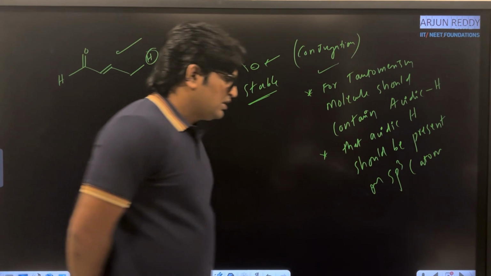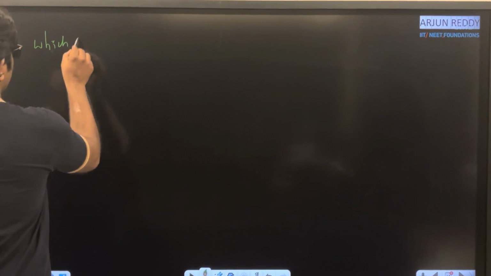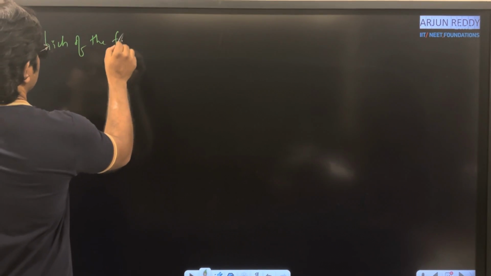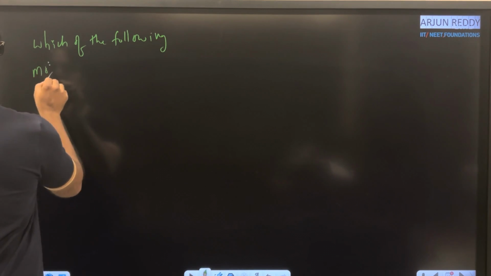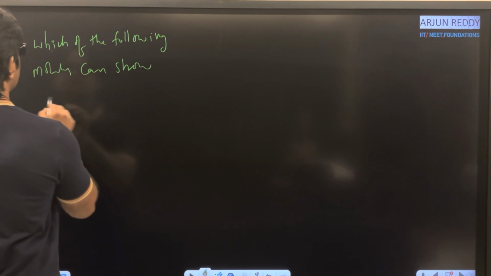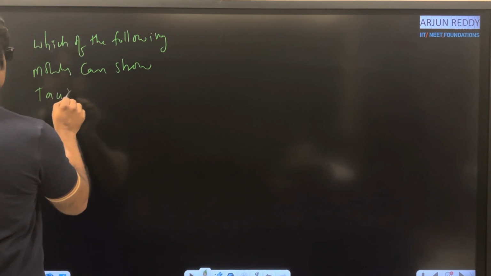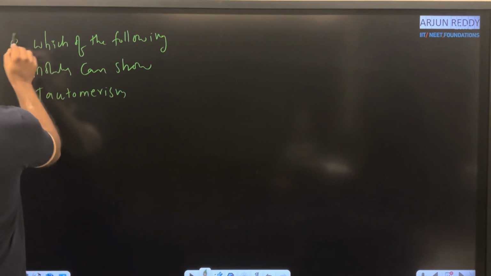Right? Okay. Now write the first question here. Which of the following molecules can show tautomerism? That is the question.